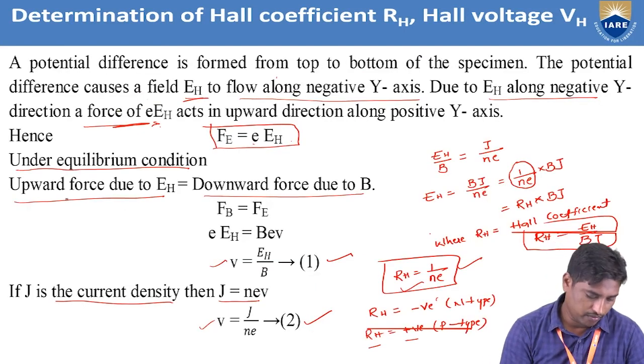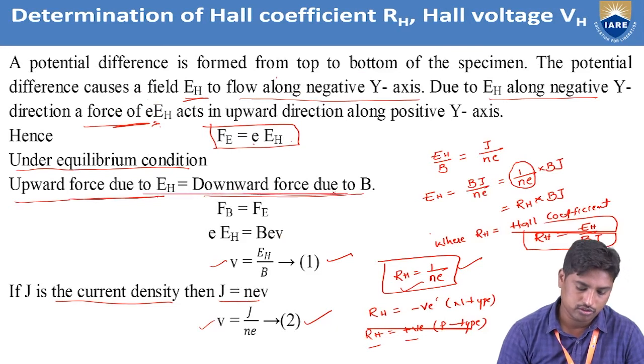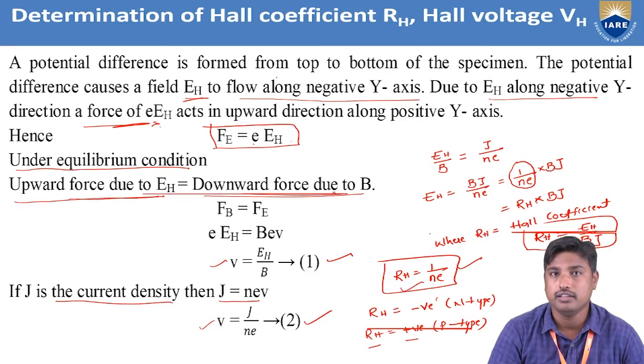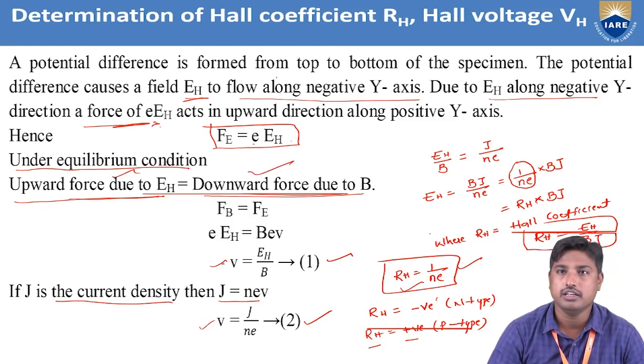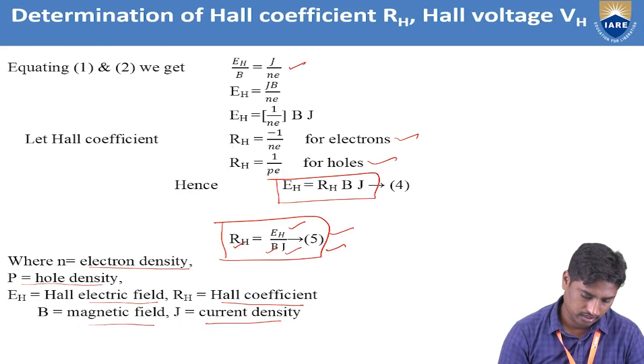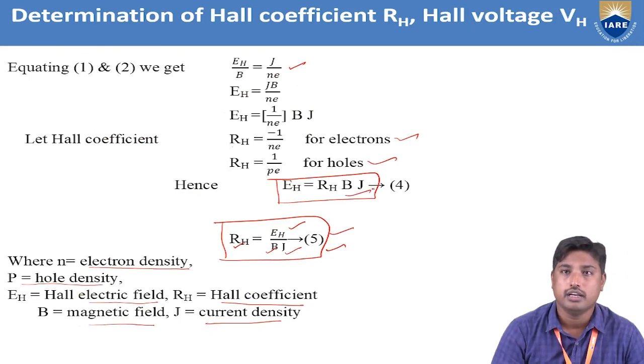So here upward force due to electric field and downward force due to magnetic field. Under equilibrium condition, by equating these two, we find the equations for Hall voltage or Hall electric field. And this is EH equals RH into B into J, the Hall electric field.